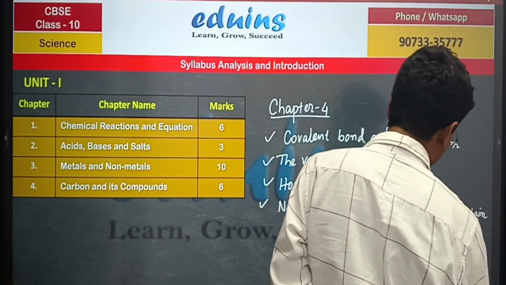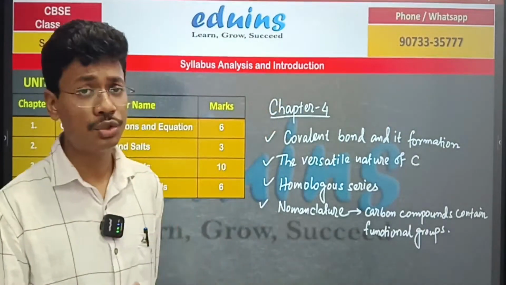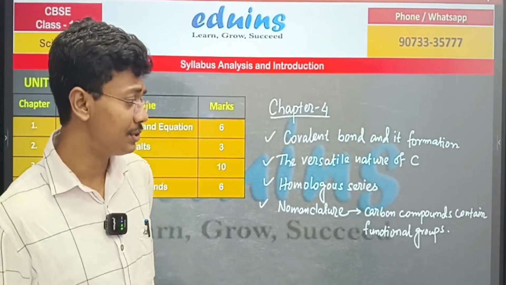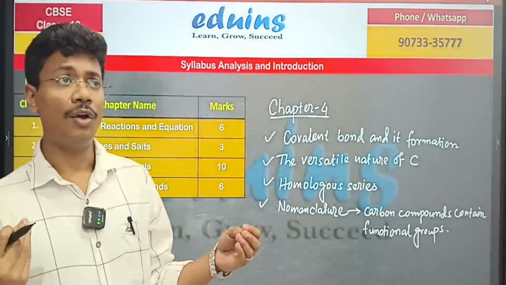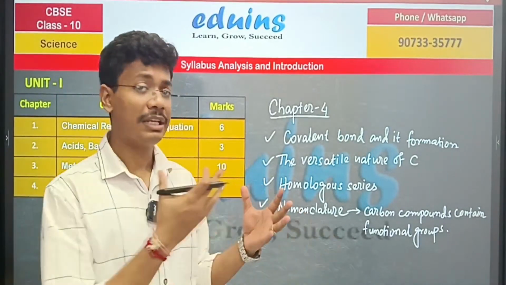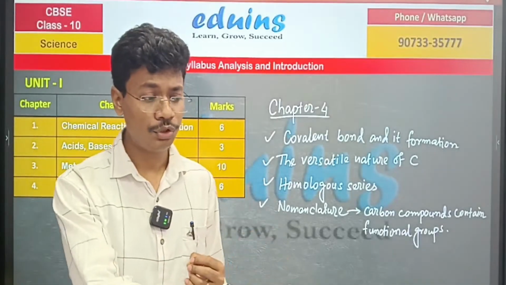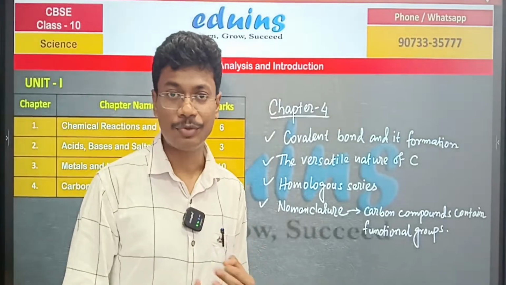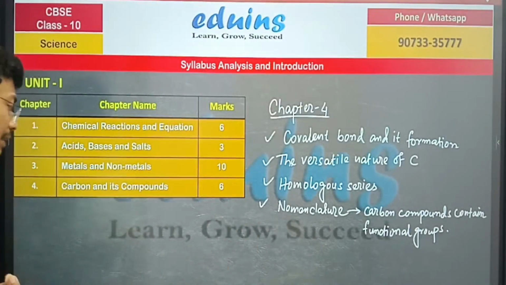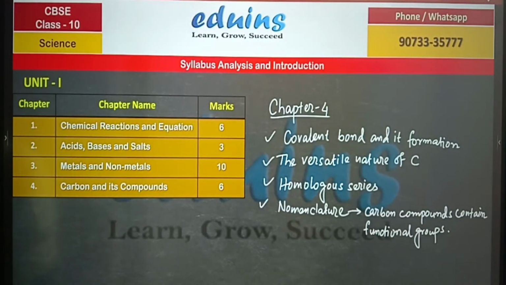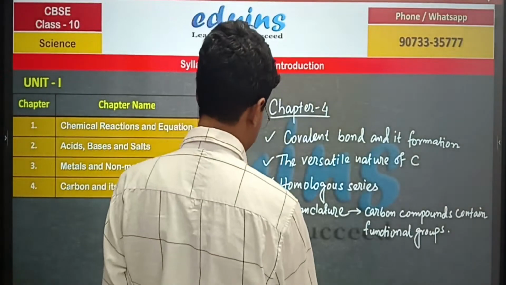So what are the functional groups? Like your hydroxyl, like ketone, like aldehyde. We have to study that when the hydroxyl group or the ketone group or the aldehyde group is attached to the carbon, what it will be named or what we will call it. Clear? In the nomenclature of carbon. Next, we will study the saturated hydrocarbons.